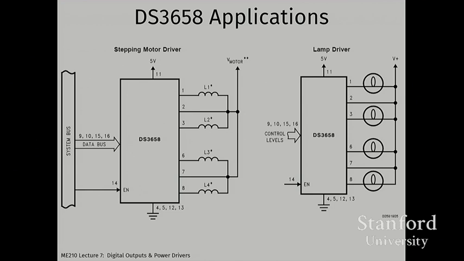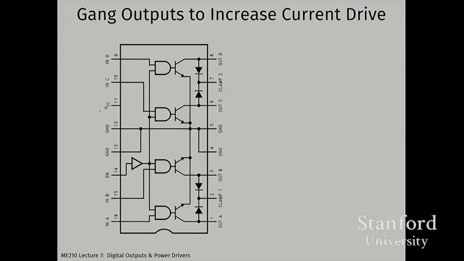Lots of applications. You can run independently the coils of a stepper motor. We'll see some stepper motors in a week or so that have 4 windings, for example, and this gives you independent control of the current flow through all 4 windings of the motor. You can turn on a bunch of LEDs, some at a time or all at once.